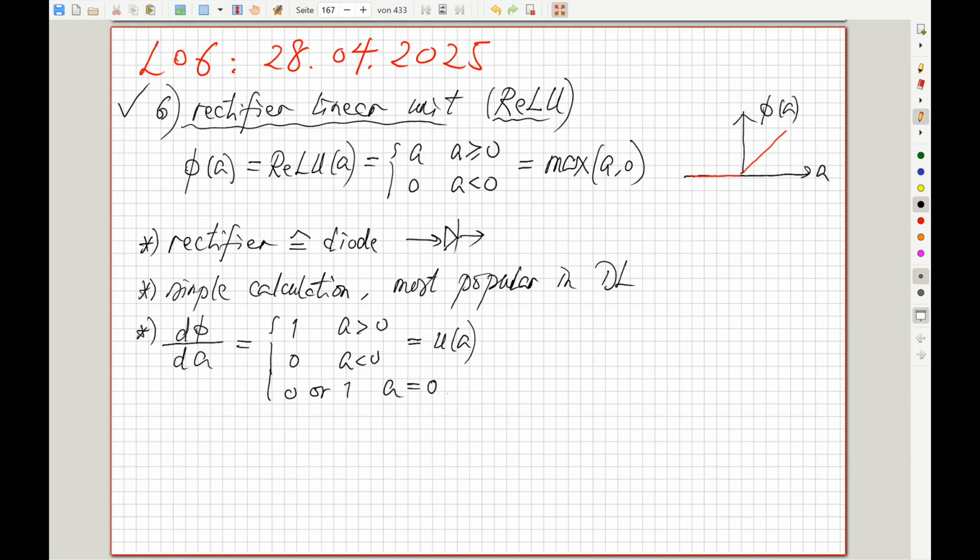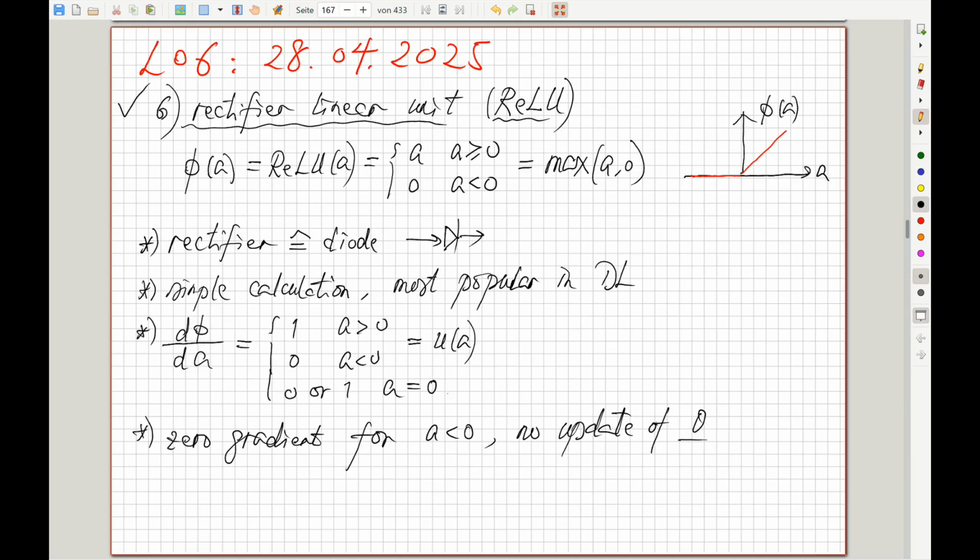And this also means for negative input, we have 0 gradient, 0 derivative, so there's no update of our model parameters. We will learn this updating in the next lecture.